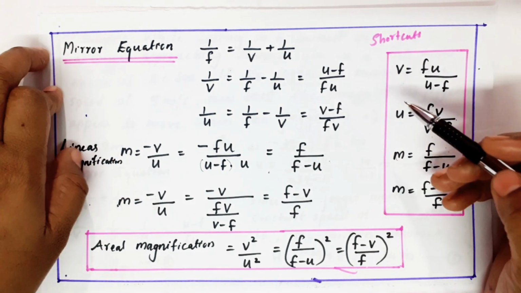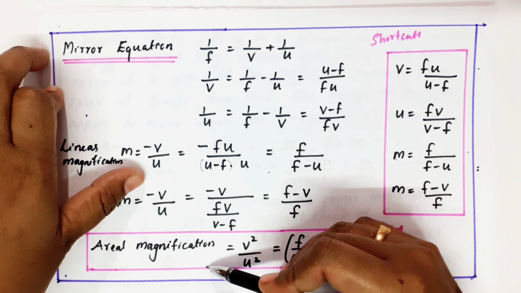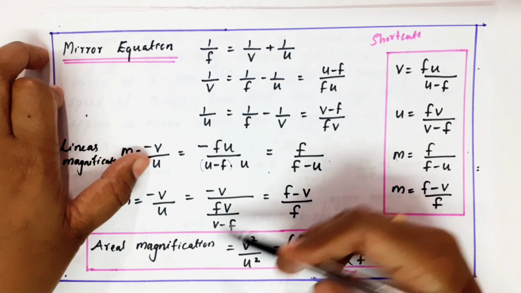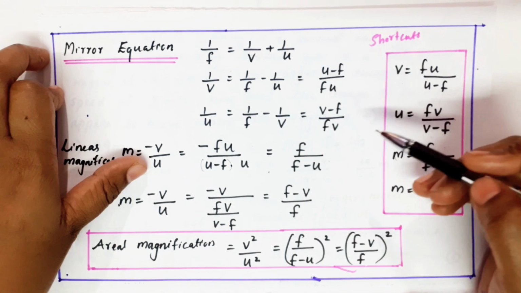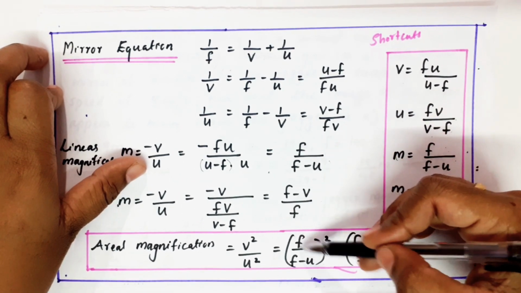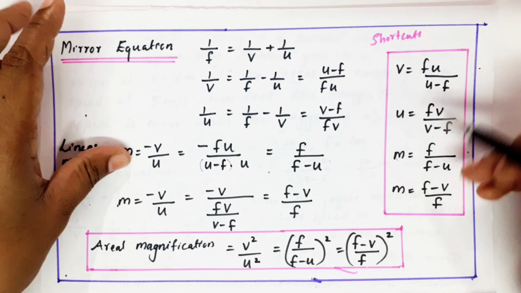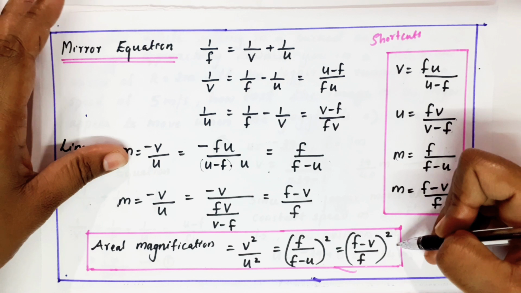This is another equation. If you want areal magnification, that is the square of linear magnification, that is v by u the whole square. You can write it in both forms: f by f minus u the whole square or f minus v by f the whole square.